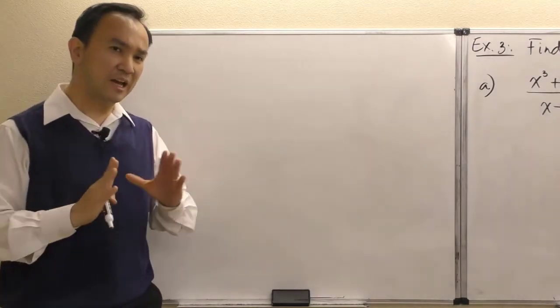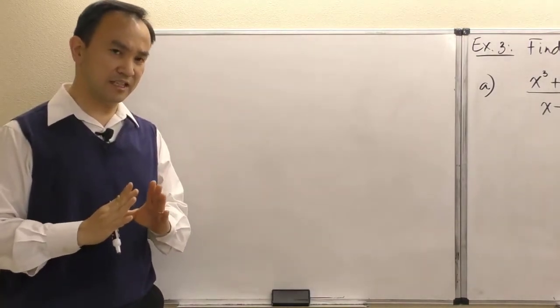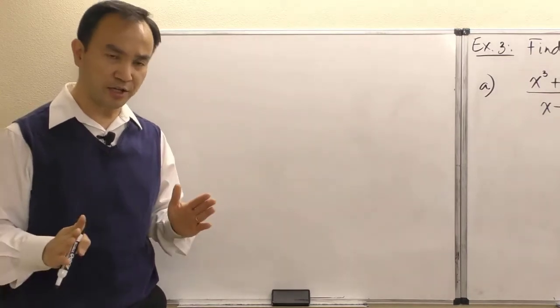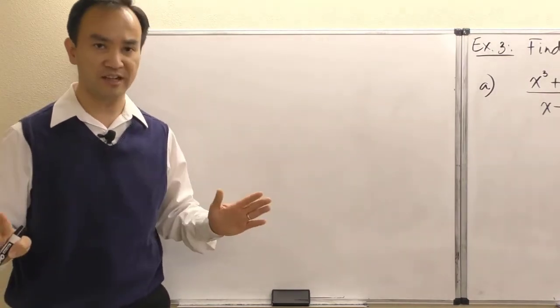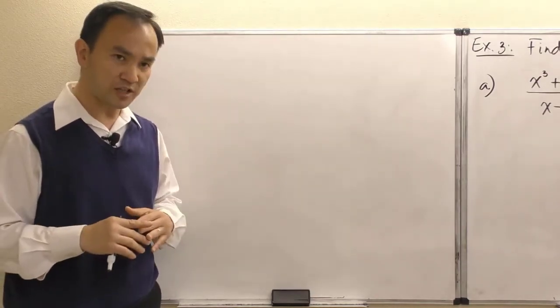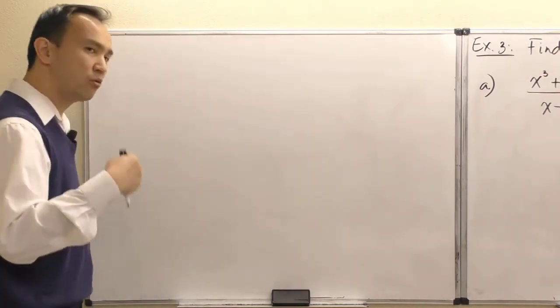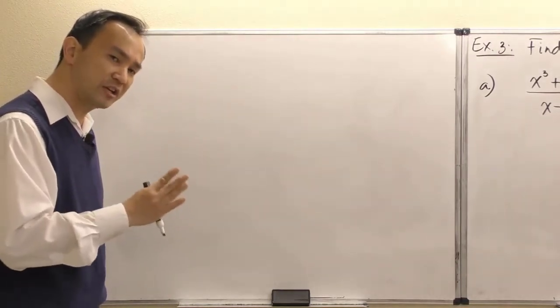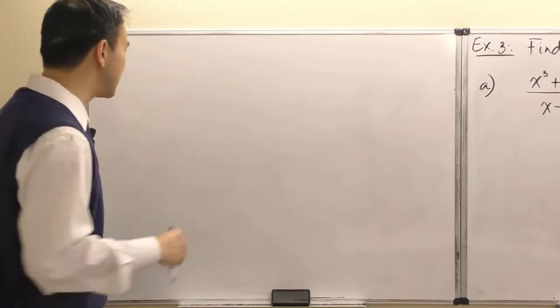Please allow me to keep the explanation as minimal as possible, because the skill here is entirely algebra, and anyone viewing this video is expected to be familiar with this process already. So I'm only going to go through the process and keep the explanation minimal.